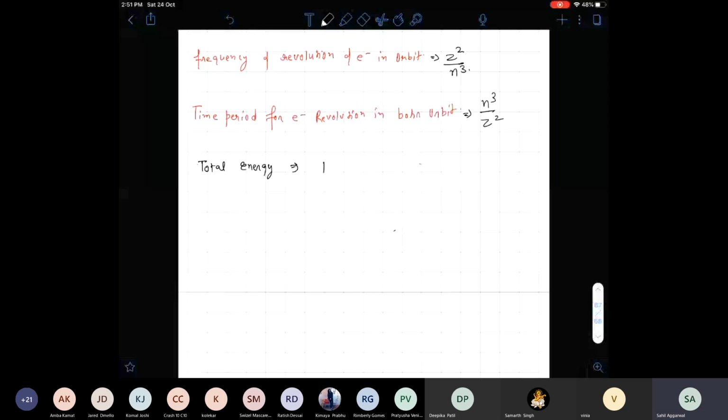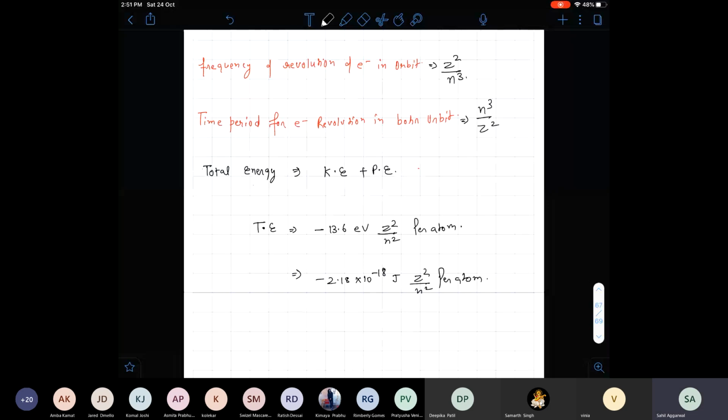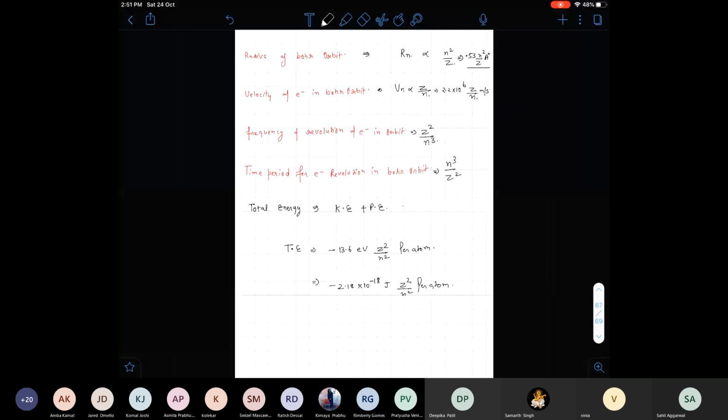Total energy is minus 13.6 electron volt into z square by n square per atom, or minus 2.18 into 10 to the power minus 18 joule, z square by n square per atom. Understood?